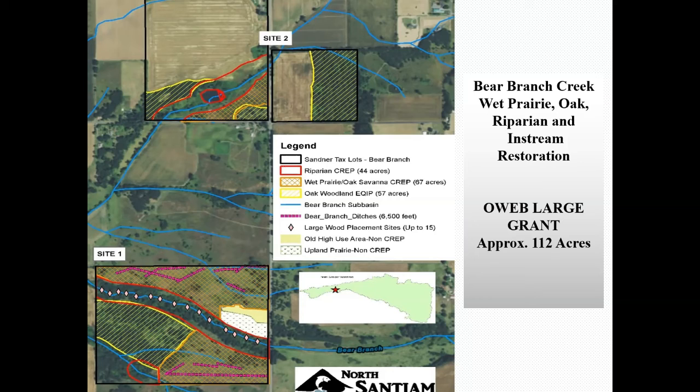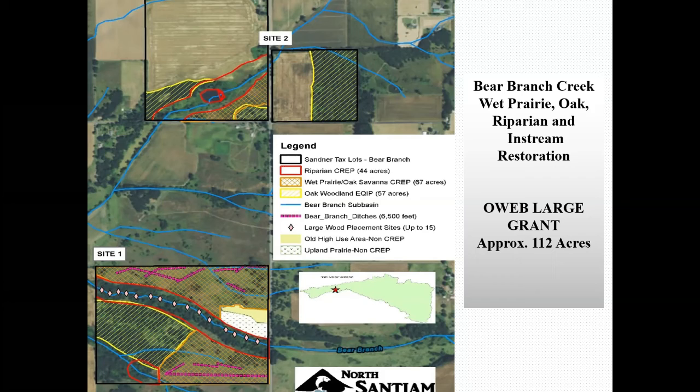We matched it with a large OWEB grant, and they also partnered with the U.S. Fish and Wildlife Service Partners Program. As you can see in the legend, we are working to restore 44 acres of riparian area, 67 acres of wet prairie and oak savanna, and 57 acres of oak woodland.